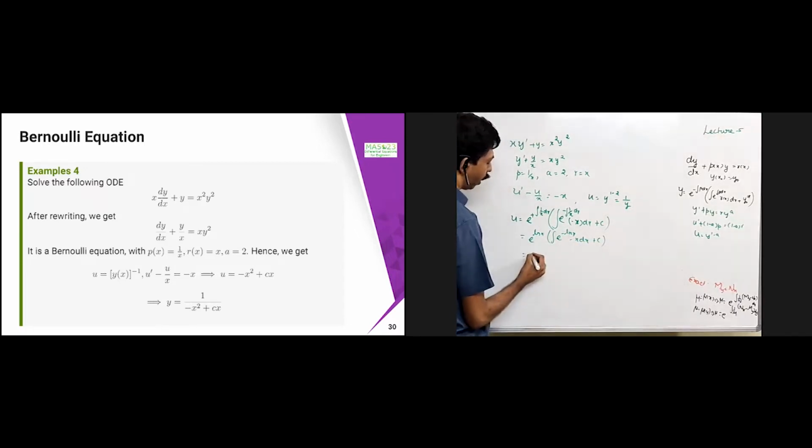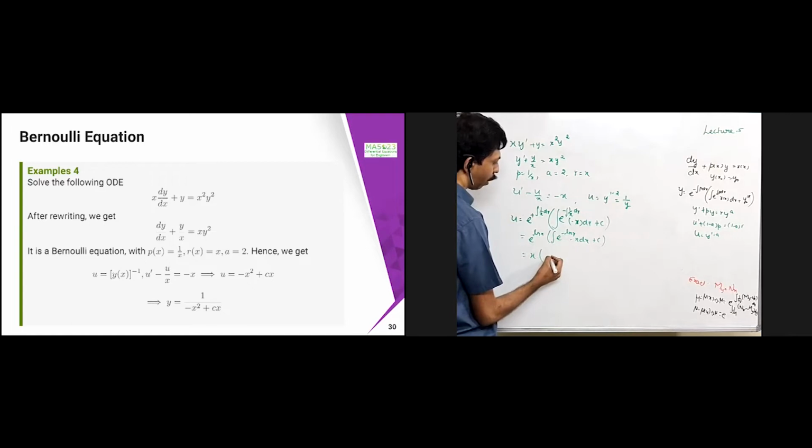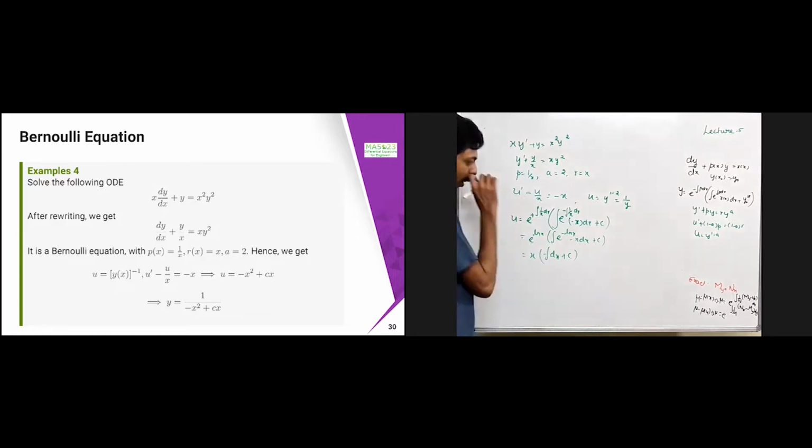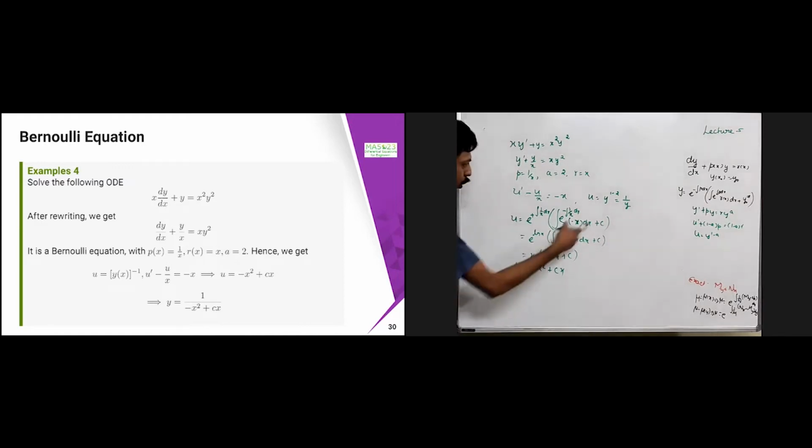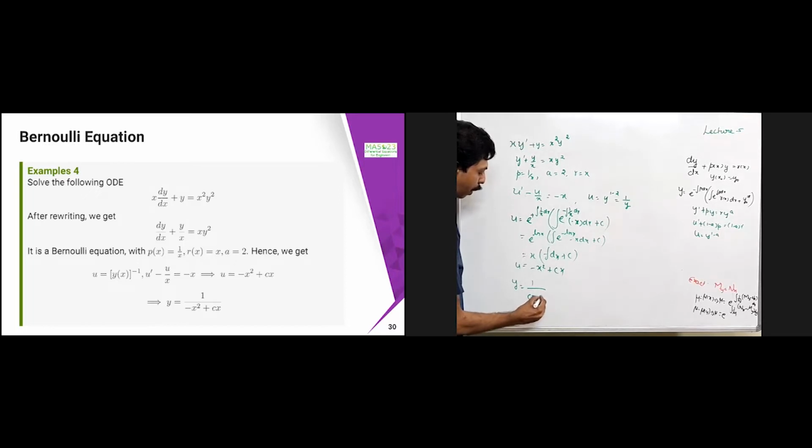Therefore you are going to get x into e power minus ln x. Therefore this is going to become like 1 by x. So 1 by x gets cancelled. So you are going to get only 1 is going to come, integral minus dx plus c. Yeah, minus c is going to come. So you are going to get minus x square plus cx is going to come. Okay. So u is this one. Therefore u is 1 by y. Therefore y equal to 1 by cx minus x square, or minus x square plus cx is going to come.